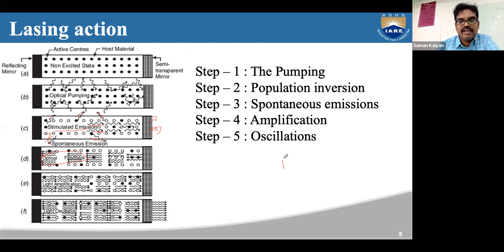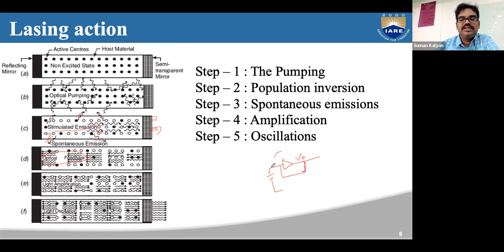Whatever output we are getting, this is an electronic circuit, as I said. Let's say this is connected to a battery, and we are giving the output back to the input.